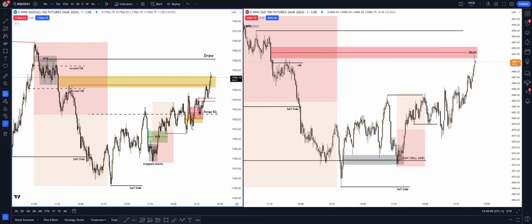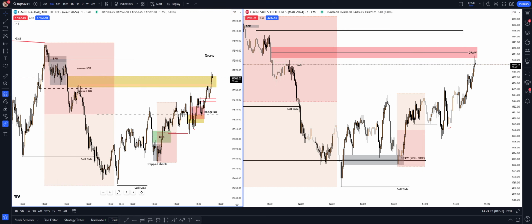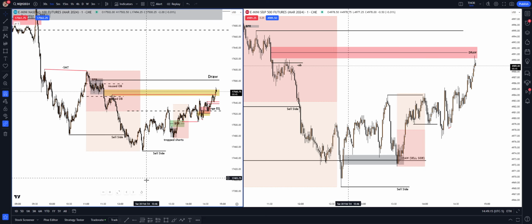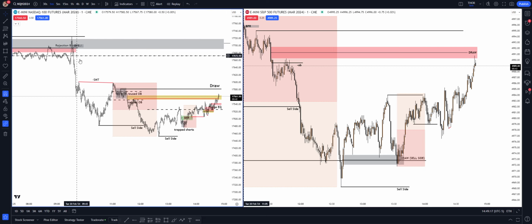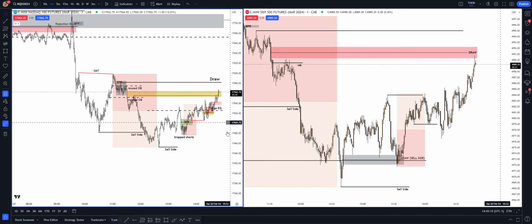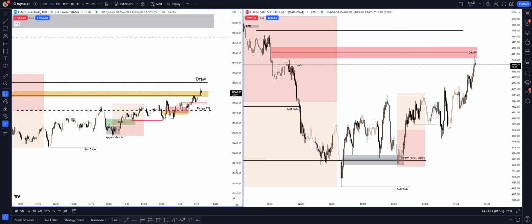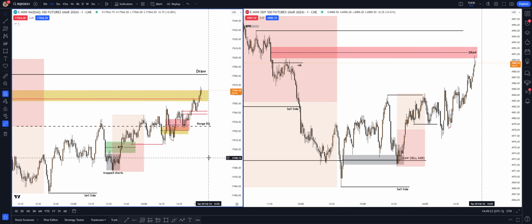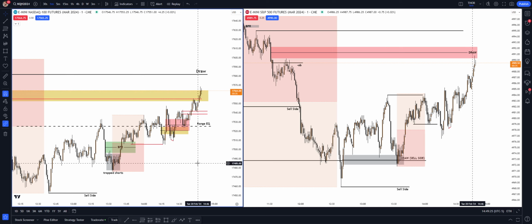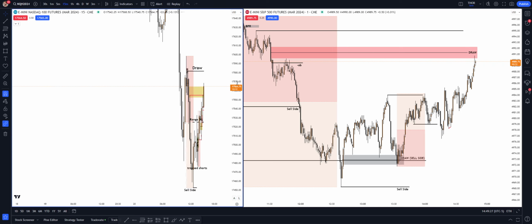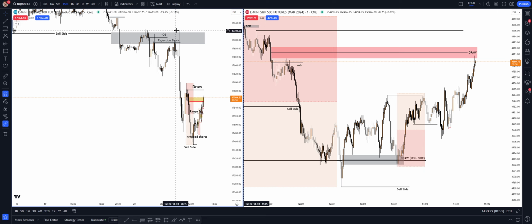9:30 juicy as hell. Let's see. On Nasdaq, 9:30. I don't think we're gonna get there today because the overall drawn liquidity is still lower. So when it comes to that 9:30 liquidity, these highs here, what I would like to see is the fair value gap on the 15-minute here being respected.